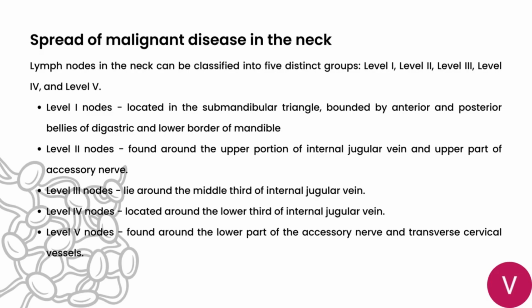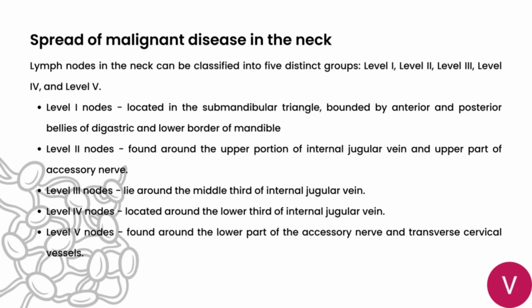Level 1 nodes are located in the submandibular triangle, bounded by the anterior and posterior bellies of digastric and the lower border of the mandible. Level 2 nodes are found around the upper portion of the internal jugular vein and the upper part of the accessory nerve. Level 3 nodes lie around the middle third of the internal jugular vein.